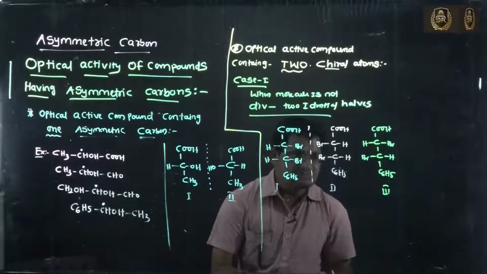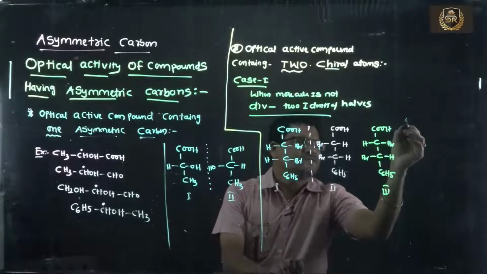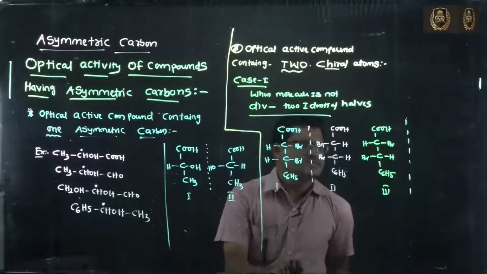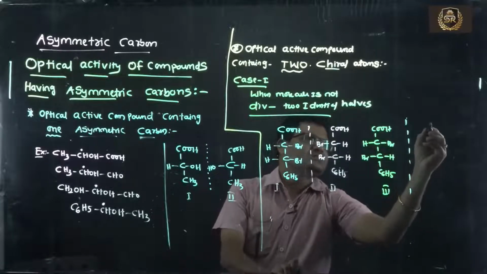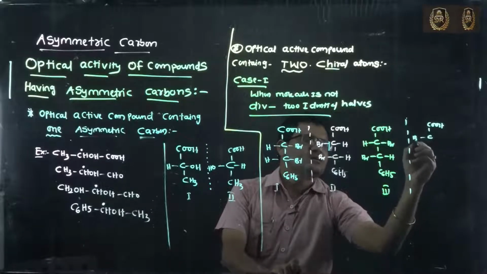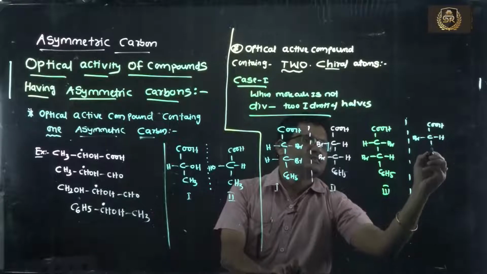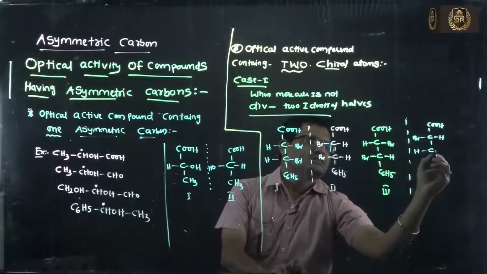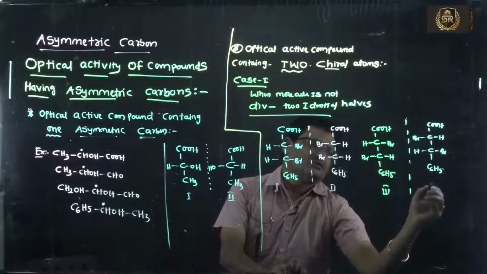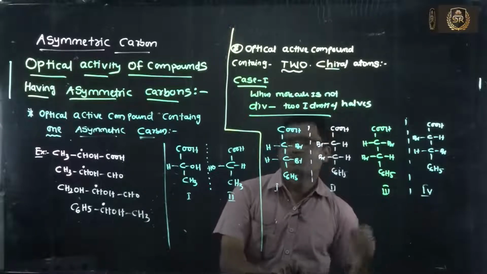So, which is the mirror image of this? COOH, then C, here side Br, here side H, this side H, this side Br, this side C6H5. So, this is the fourth.